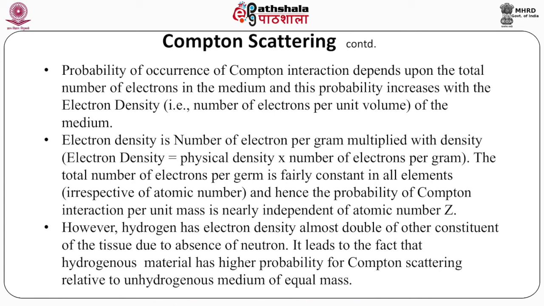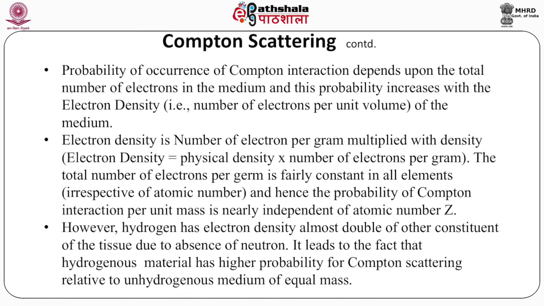The total number of electrons per gram is fairly constant in all elements irrespective of their atomic number, and hence the probability of Compton interaction per unit mass is nearly independent of atomic number Z. However, hydrogen has electron density almost double that of other constituents of the tissue due to absence of neutron.